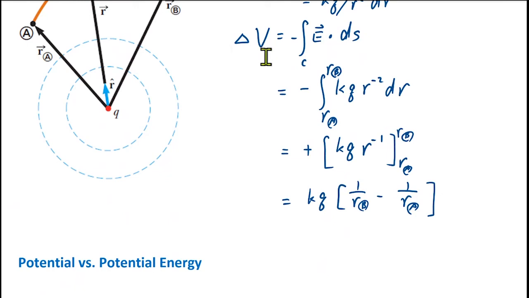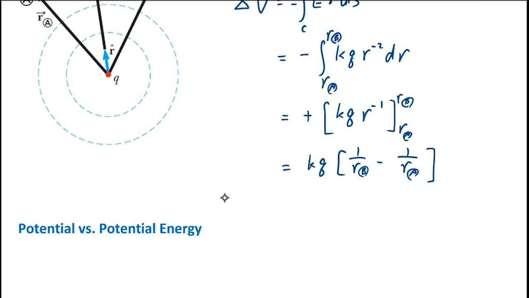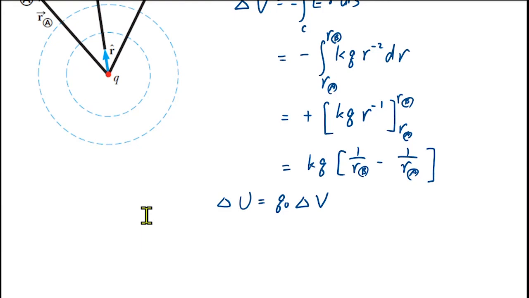And potential energy is you multiply whatever the charge that you need to move, and that gives you potential energy. So I'm going to write it here. Delta U is equal to Q naught times delta V, okay? Alrighty. I think I talked about potential versus potential energy already, so I'm going to just delete this.